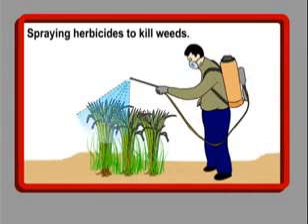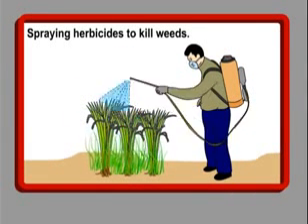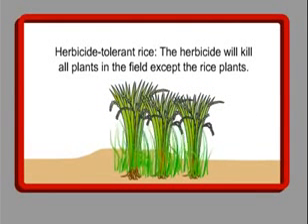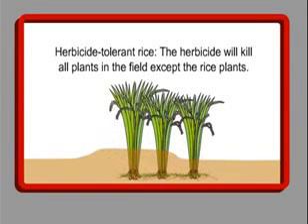Let's imagine that a big pesticide company wants to make a rice plant tolerant to one of its pesticides, in this case, a herbicide or weed killer. This means that the herbicide will kill all other plants in the field except the rice plant.